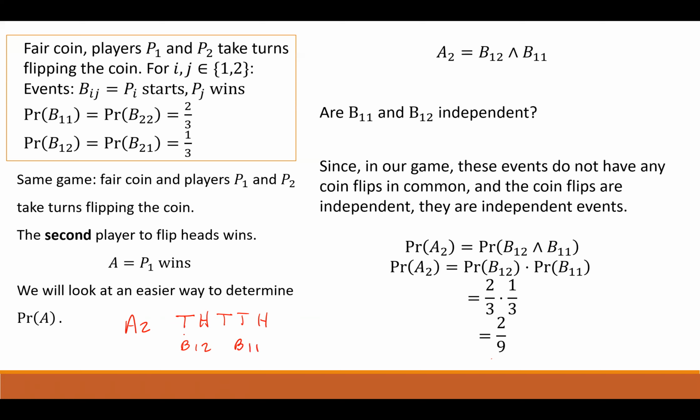So this little string is one of the outcomes in A2, and I'm simply splitting it into two substrings. Right? And since those two substrings don't have any flips in common, their probabilities are independent. Okay. Arguably easier than the other way. Easier once you understand it. The other way, you can also do this the other way that we did the first time.